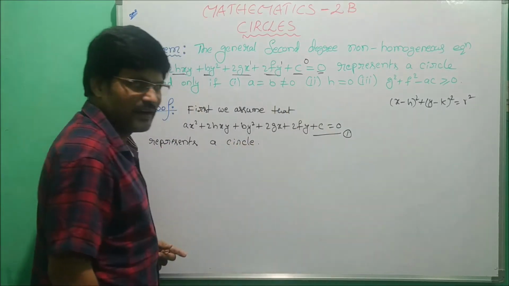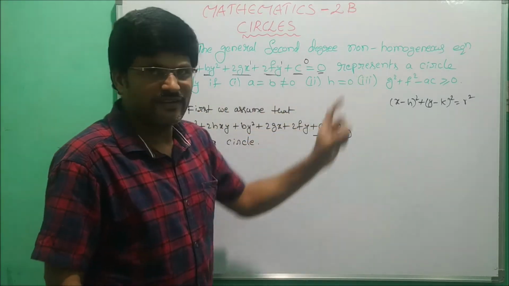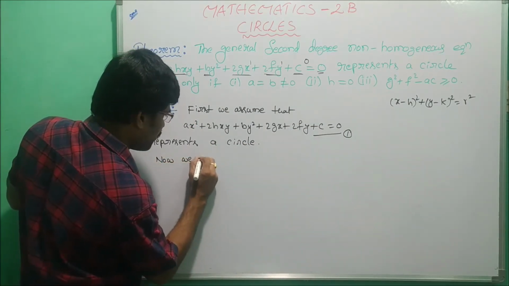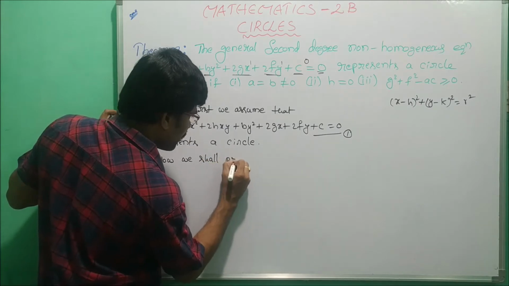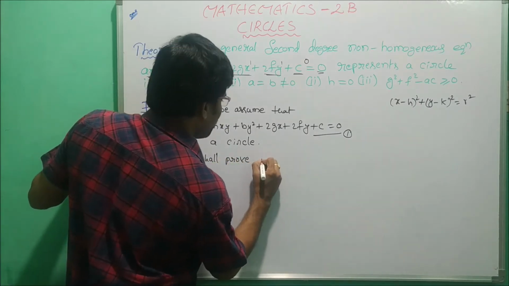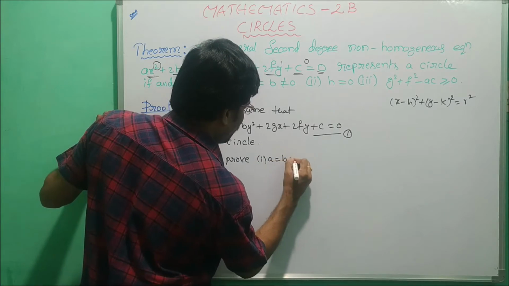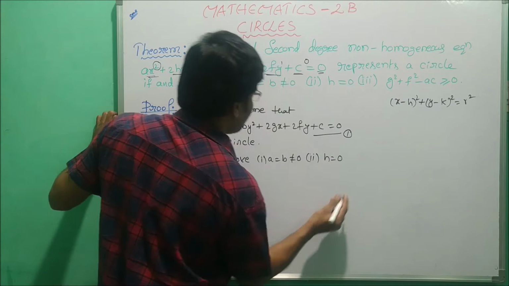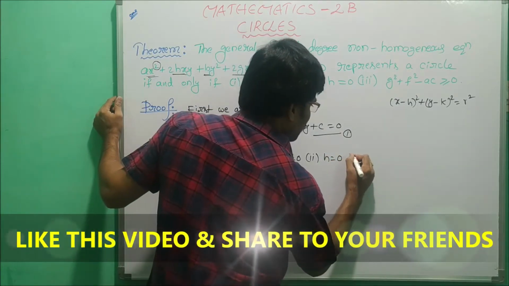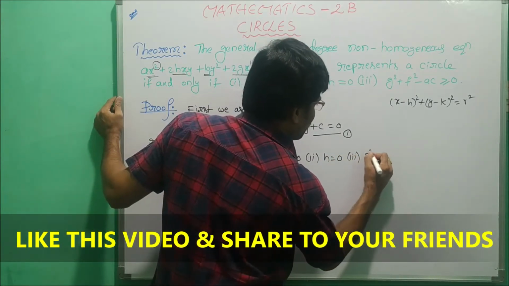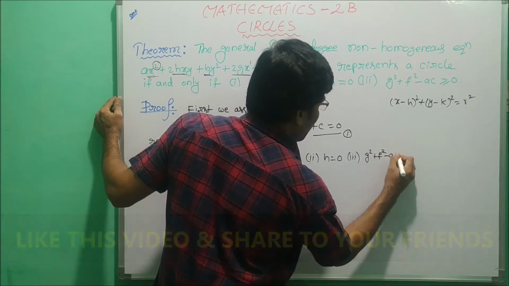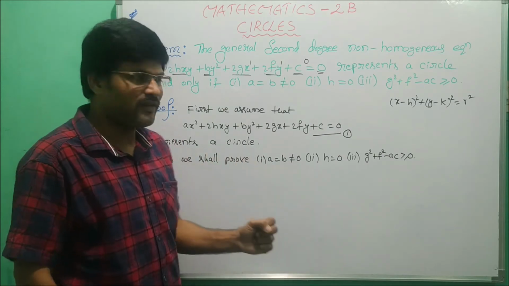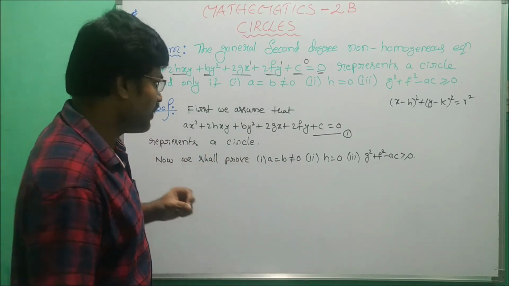Now we shall prove the three conditions. The first one, a equals to b, which are non-zero. The second one, the coefficient of xy, that is h equals to 0. And finally the third one is g square plus f square minus ac is greater than or equal to 0.